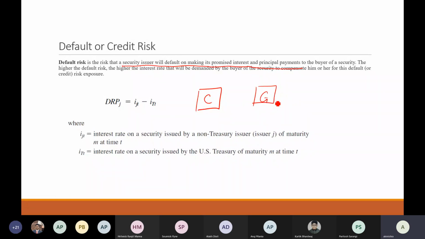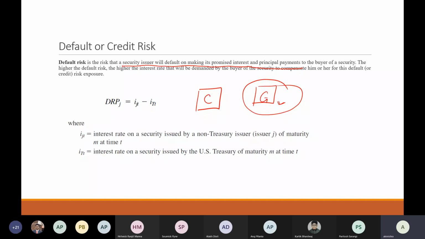If we assume that the government won't default, and again there are historical examples where a government defaulted on principal and interest payments on an issued bond, but assuming that the probability of government default is very low, we can take this as a proxy benchmark.